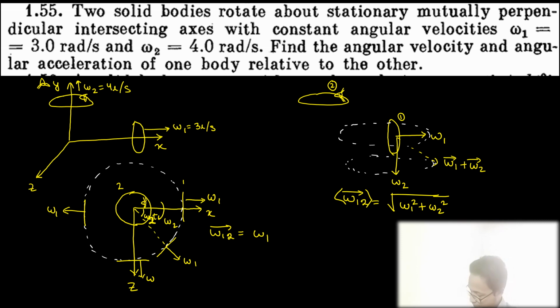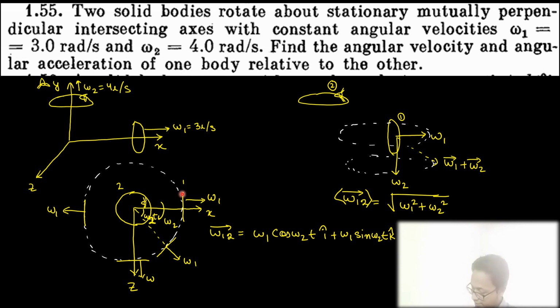So omega 1 cos omega 2 t, what is this direction? i cap, plus omega 1 sin omega 2 t k cap, along the positive direction.